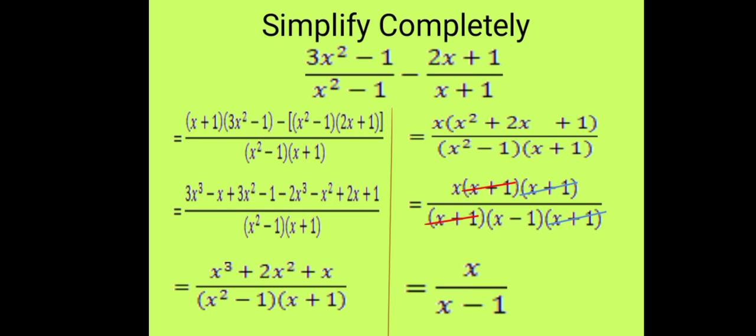After this factorization, the x plus 1 in the numerator will cancel with the x plus 1 in the denominator. Another x plus 1 in the numerator will cancel with another x plus 1 in the denominator, so that our answer becomes x all over x minus 1.